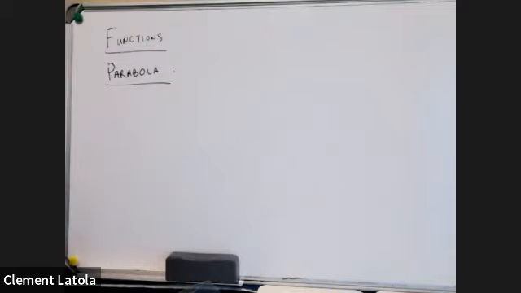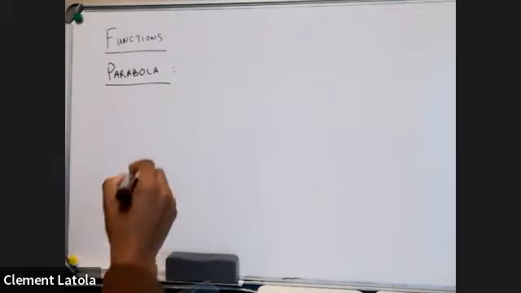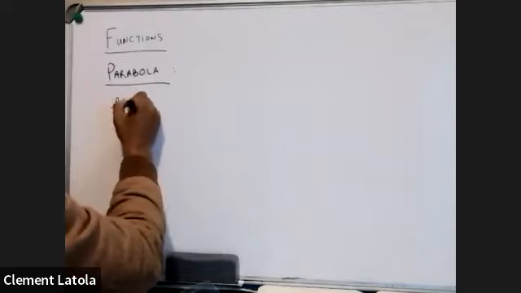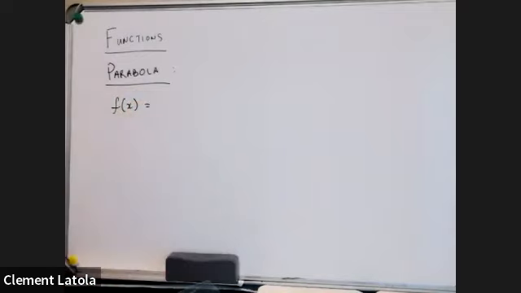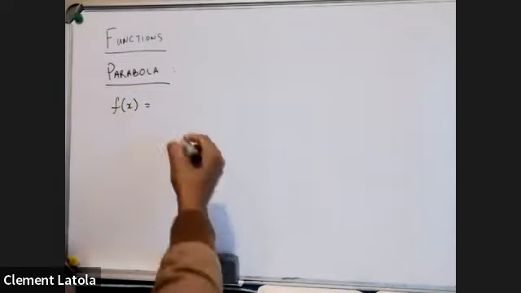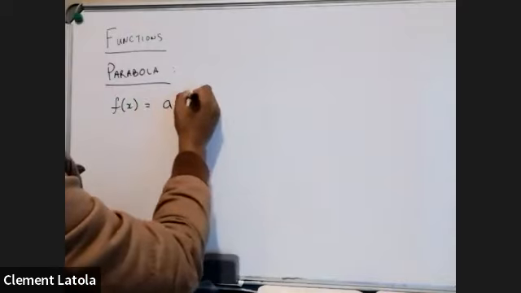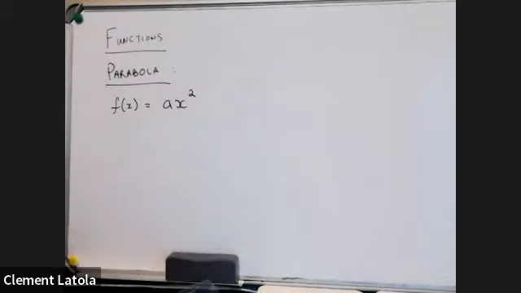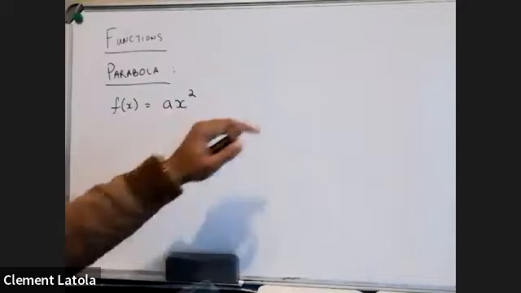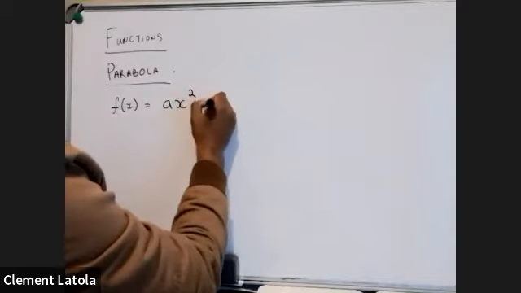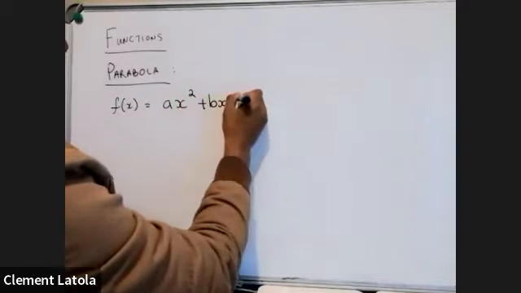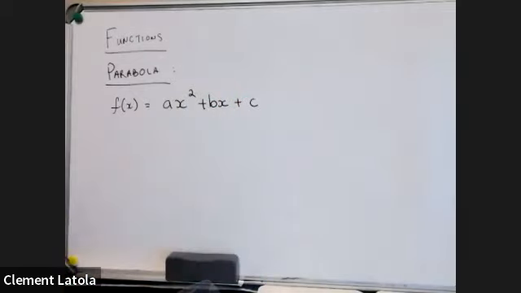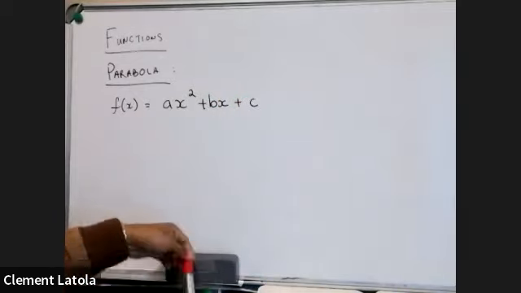Okay, so a parabola function is usually when we have an x squared. So when something is squared, when you have x squared. I'm going to title this the standard form for the equation of a parabola.